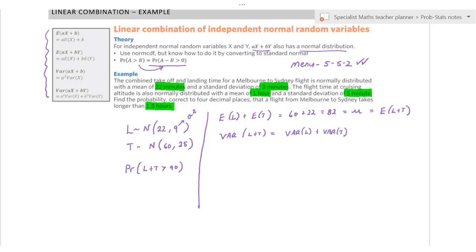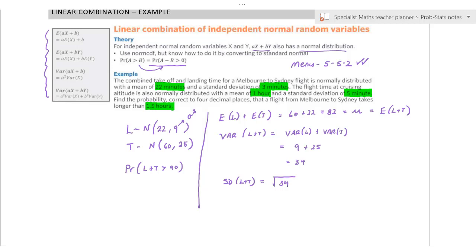We do know, however, that the variance of L is equal to 9, and the variance of T is equal to 25. So that's equal to 34. But of course, we don't want the variance. We want the standard deviation of the landing time plus the in-flight time, and that's the square root of the variance, like so. Hope that's making sense so far.